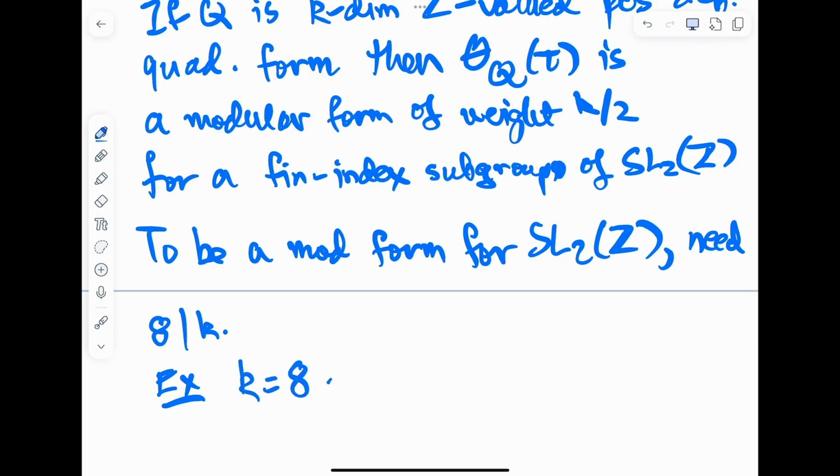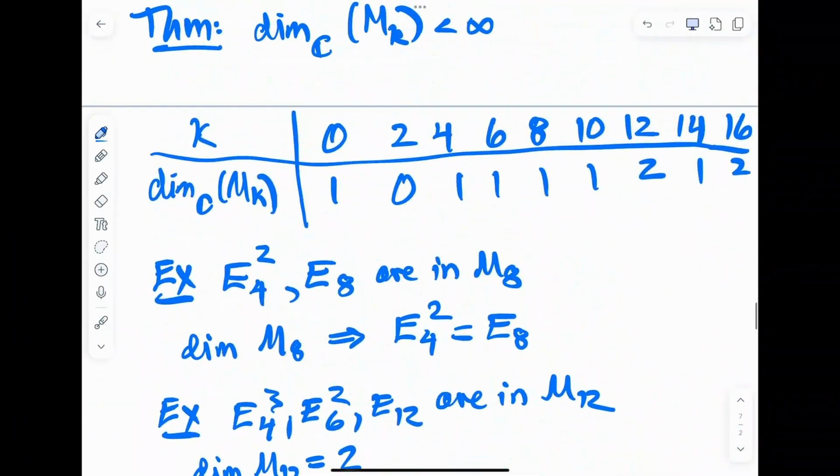If k is 8, then k over 2 is 4. You're welcome. And so what's the dimension of the space of modular forms of weight 4? 1.